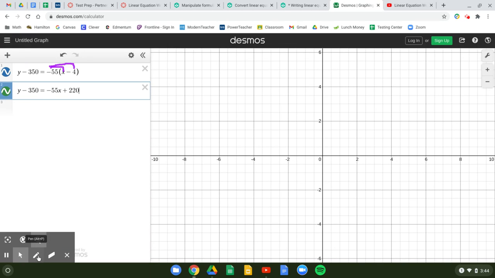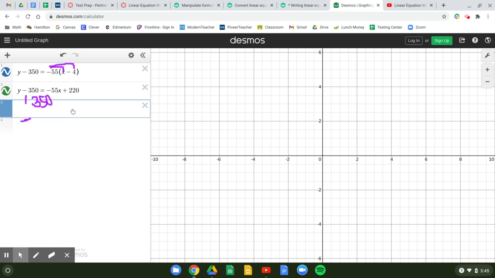So if I add 350 on both sides, you get the idea. Add 350 on both sides. And you will get y equals negative 55x plus 600?